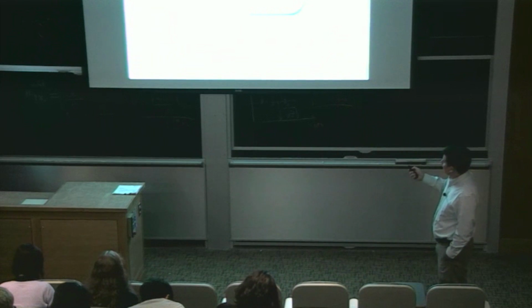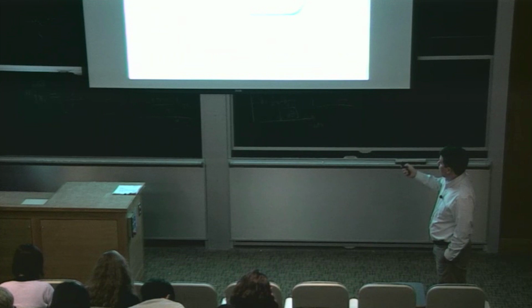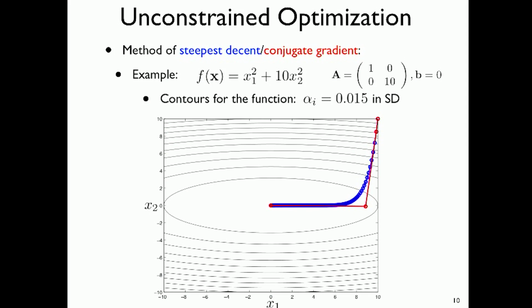So here is a quadratic objective function. It corresponds to a linear equation with coefficient matrix [[1, 0], [0, 10]], a diagonal coefficient matrix, and b equals 0. So the solution of this system of linear equations is 0, 0. If we start with an initial guess up here, and we try steepest descent with some small step size, you'll follow this blue path here, and you can see what happened.